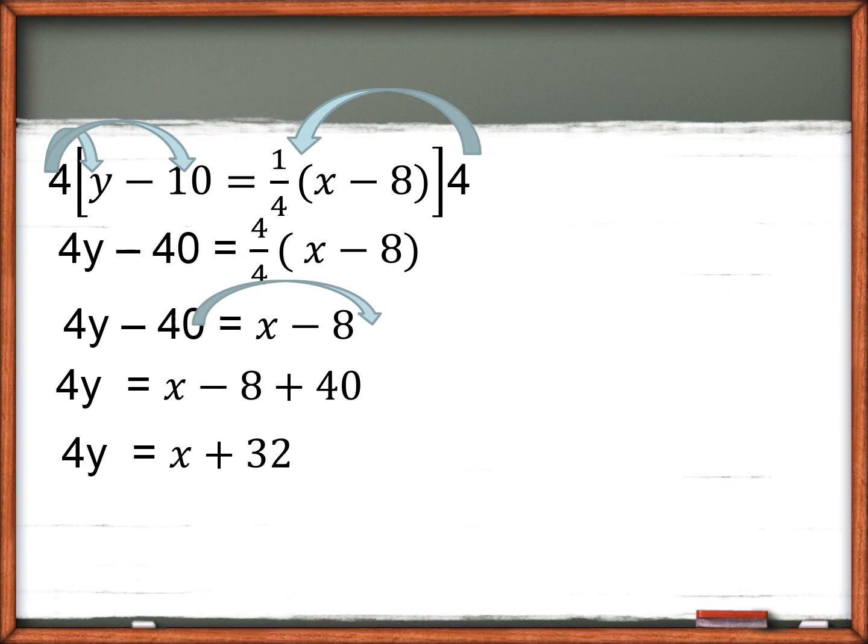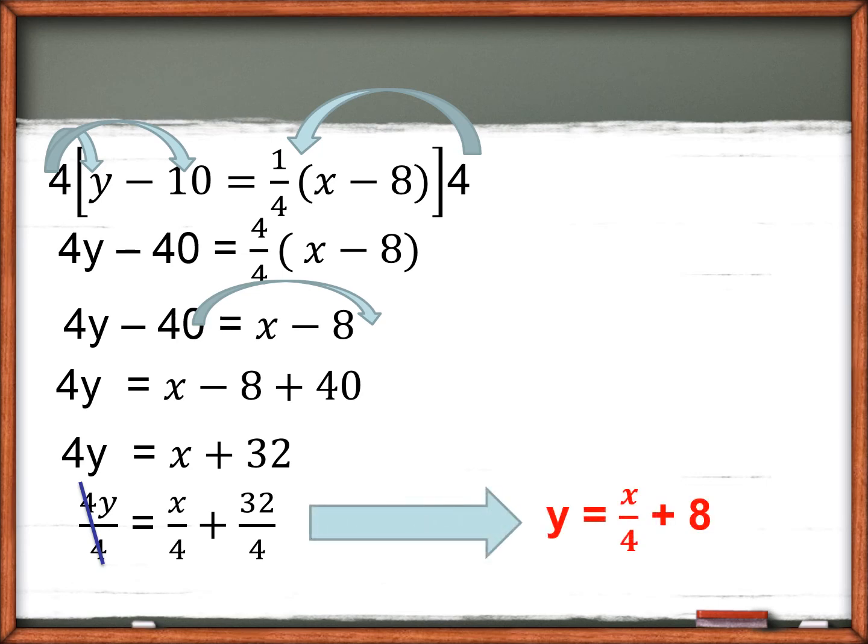We need to divide each term of this resulting equation by 4. So 4y divided by 4 is equal to x divided by 4 plus 32 divided by 4. We will cancel out the 4 in y. And the result is y equals x over 4 plus 8.